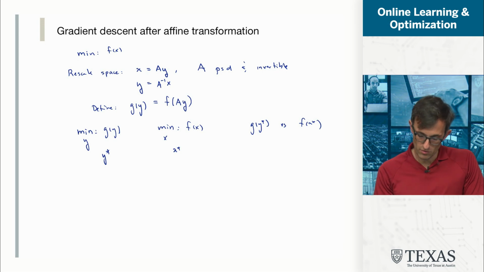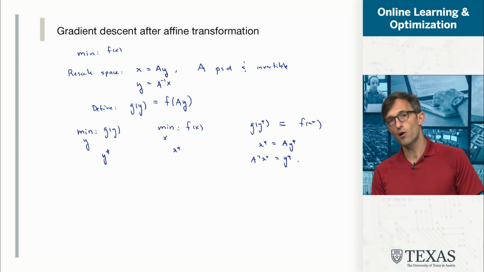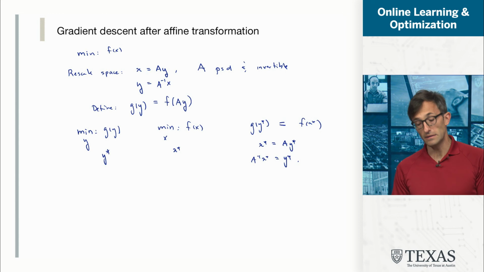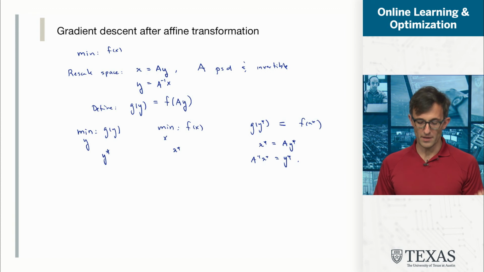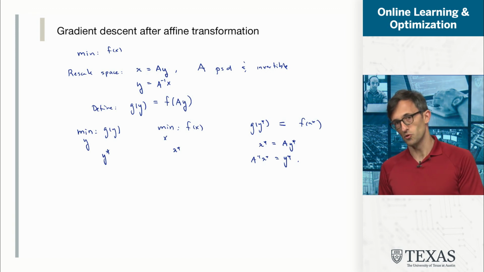So basically what we've seen, and of course the reverse argument holds, shows that f of x star can't be less than g of y star. So these are equal, and in particular, x star and y star are linked exactly in the way that you would expect: x star equals A y star, which is equivalent to writing that A inverse x star is equal to y star. So these two problems are equivalent optimization problems in this sense. They have the same optimal value, and the optimal solution of one determines the optimal solution of the other.